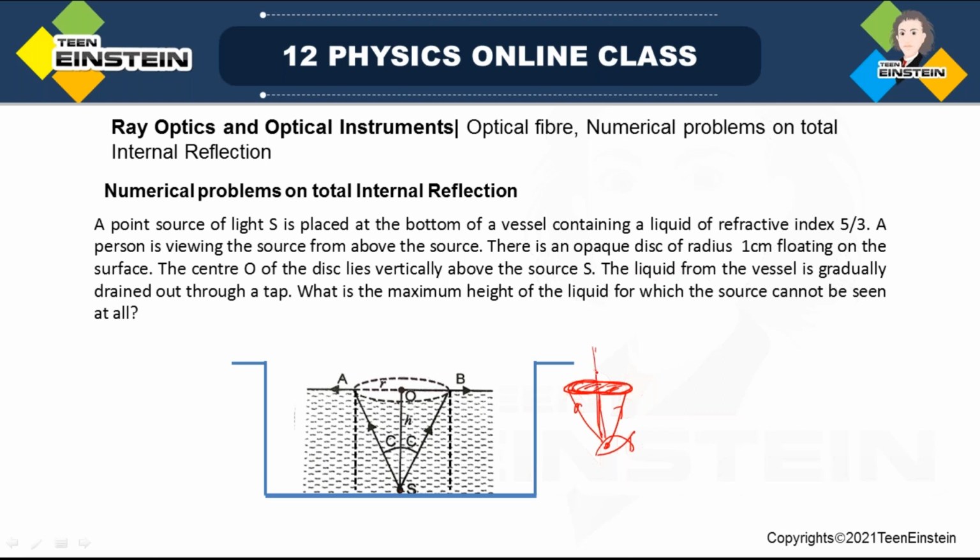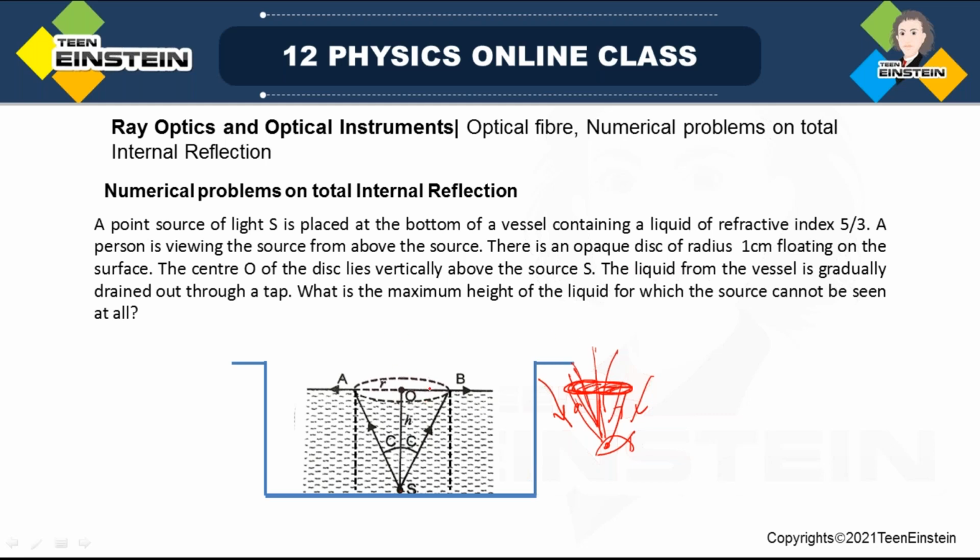Beyond this circle, or I can say, see, this is a cone, kind of a cone. Whatever light comes from the outside world through this cone, they can see. Whatever light comes from outside this cone, they cannot see. I'll tell you why.